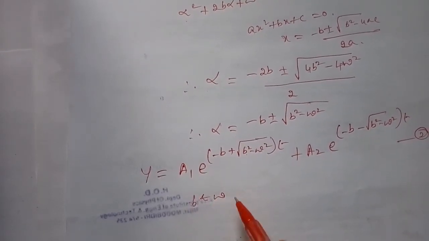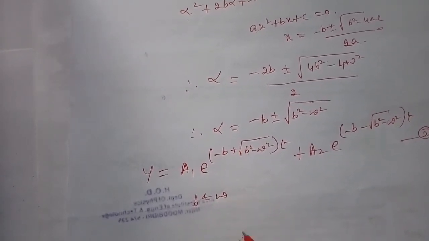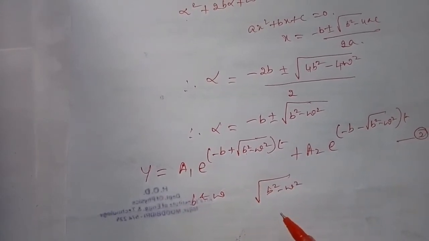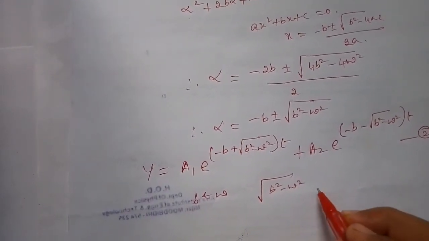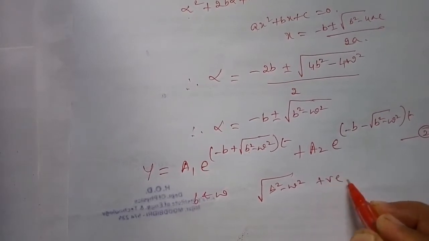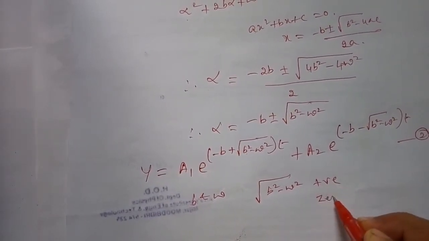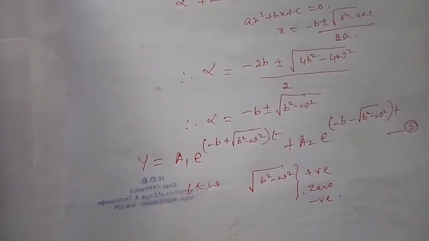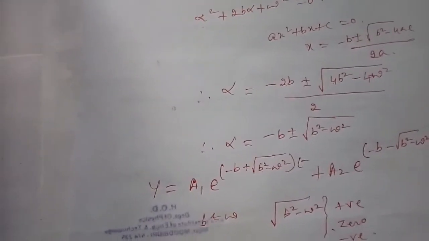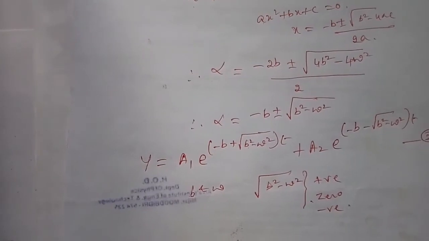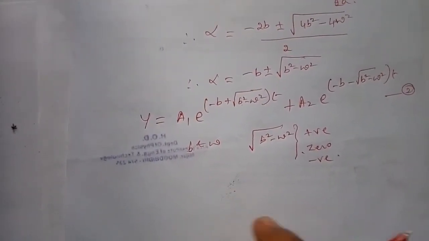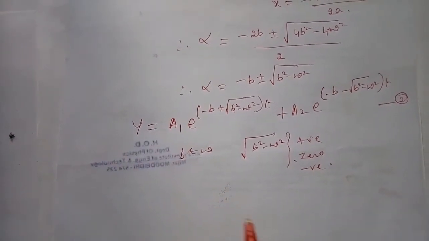Very important, you can carefully observe √(b² − ω²). There are 3 possibilities: it can be positive, 0 or negative. So depending on the value of b² − ω², you have different cases and different solutions.